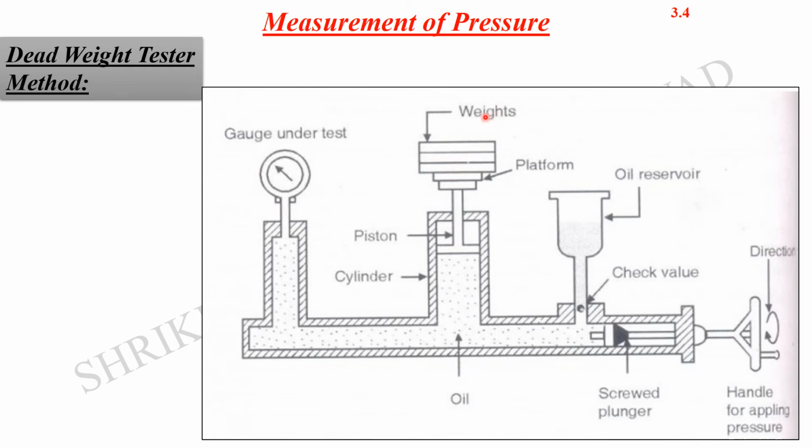But if we add weights, because we know the cross-sectional area and the force from the formula F equals mg, then the piston will float over the fluid, and the pressure can be easily calibrated with the known pressure. The gauge under test is attached over here.